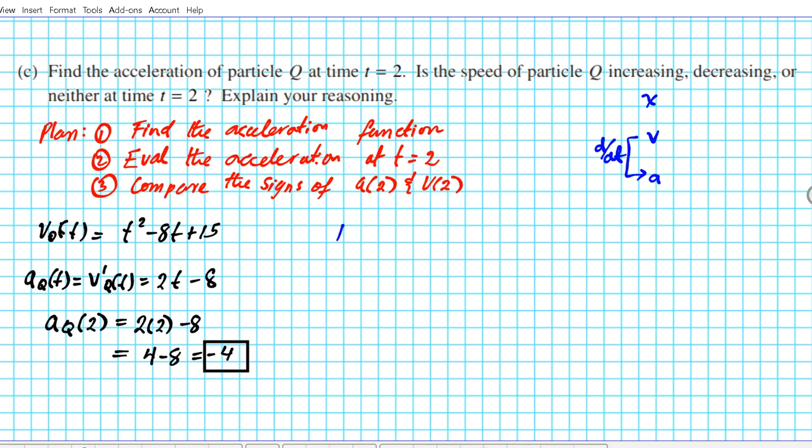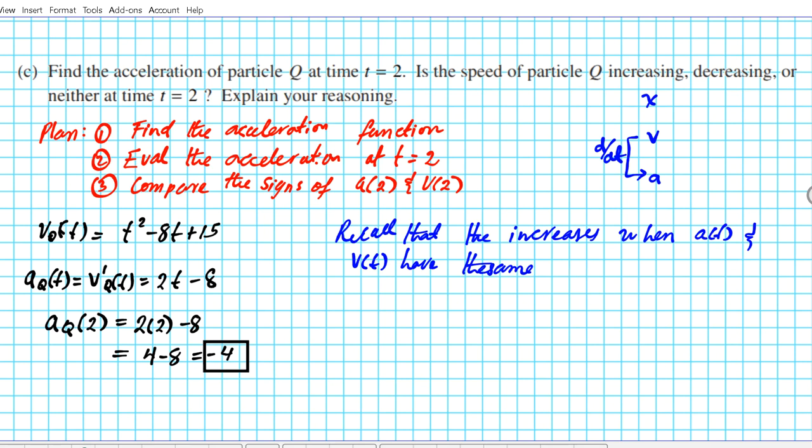To answer that, you need to recall that the speed increases when acceleration and velocity have the same sign, and vice versa, and decreases when they are different.